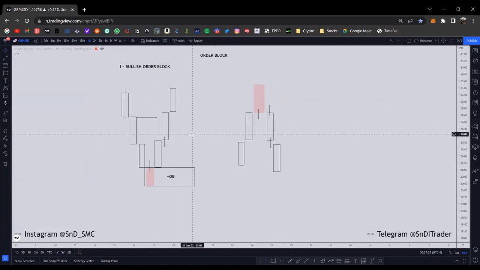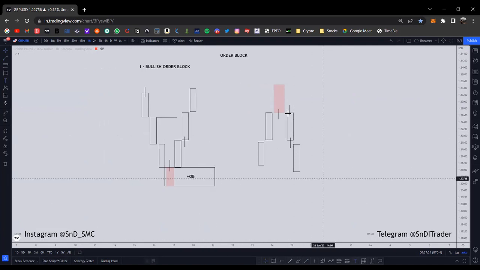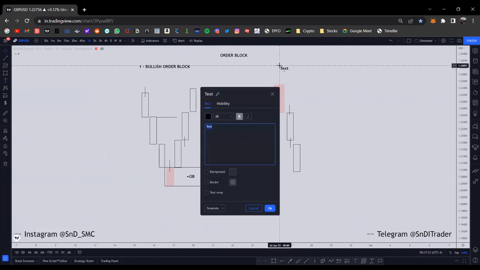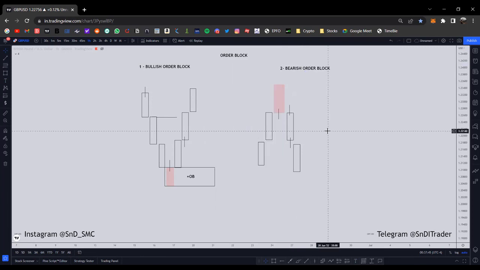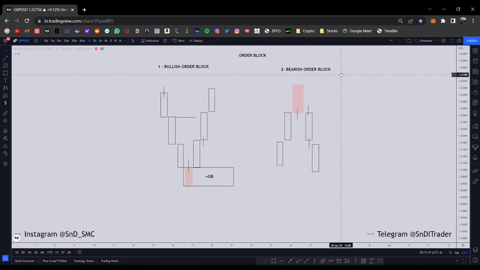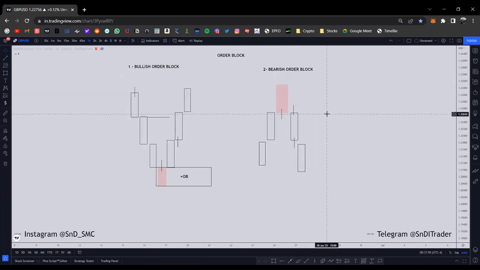And there is another order block, which is called the bearish order block. The bearish order block is a supply candle which is responsible for the down move.